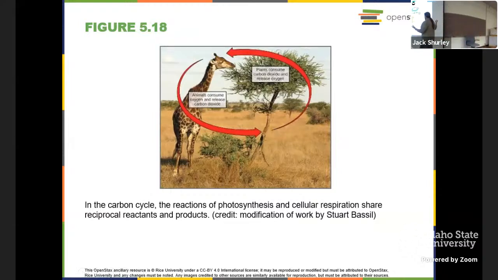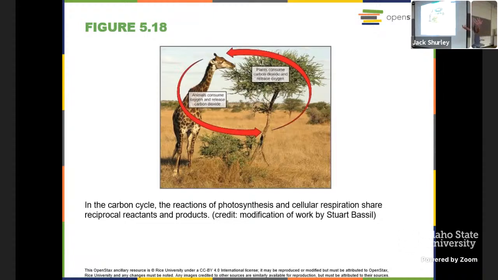So this image puts chapter 4 and chapter 5 together in one slide. We think of photosynthesis producing the oxygen and the sugars. We think of cellular respiration, tapping into those sugars, releasing carbon dioxide and water, and ultimately both are reliant upon one another, right?